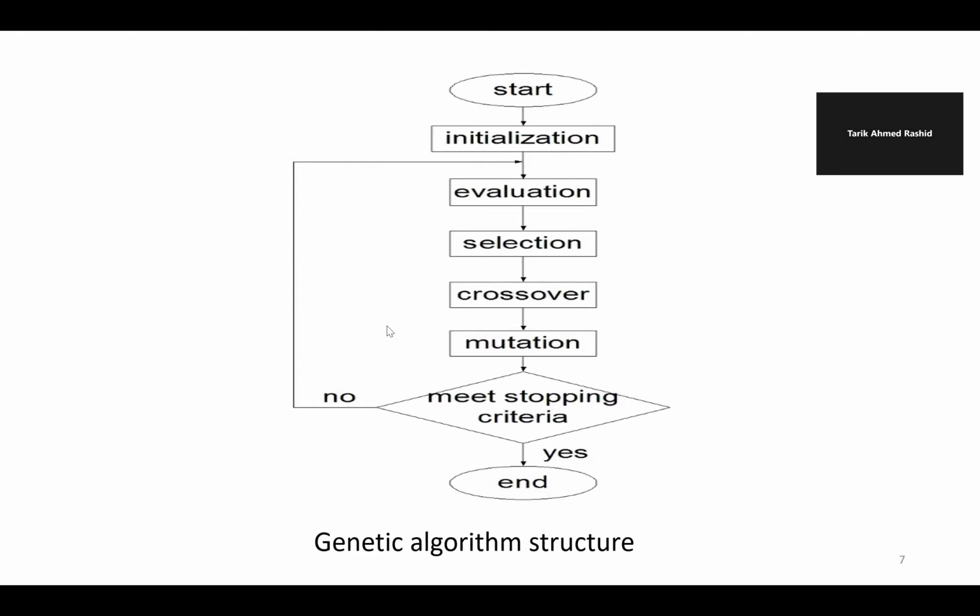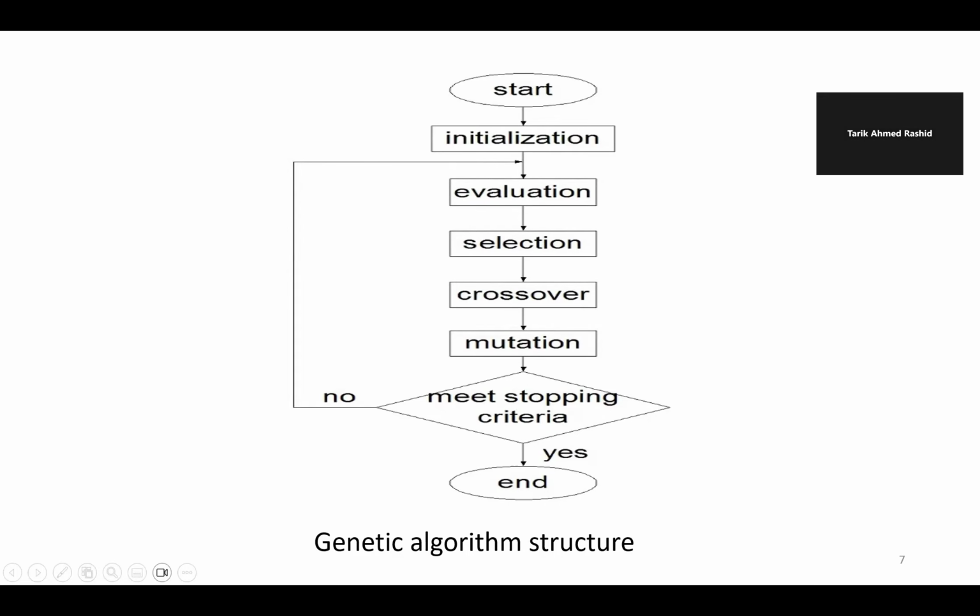So this is the basic standard original genetic algorithm, which is the very basic flow chart. Start with initialization, and inside the loop, you do evaluation, which can be done by using a fitness function, then selection, crossover, and mutation, which is optional.